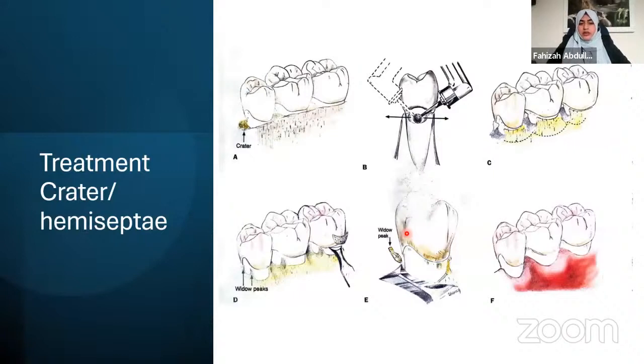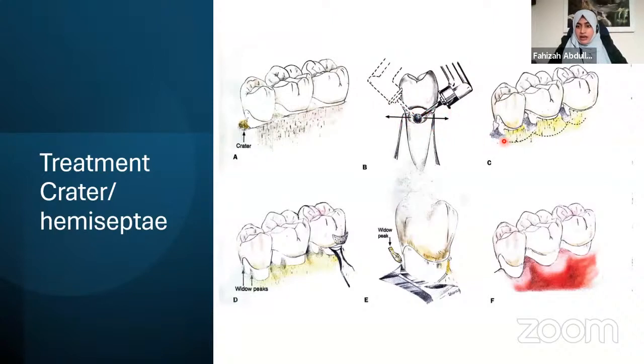Coming to the next treatment, like an interdental crater, how do you treat that kind of osseous defect? I think this is one of the most unnoticed osseous defects, but it's a very important one because you get a nice crater kind of deformity over here, if you see. So what has to be done? This much of the bone has to be removed so that there's no scope for a crater-like formation.